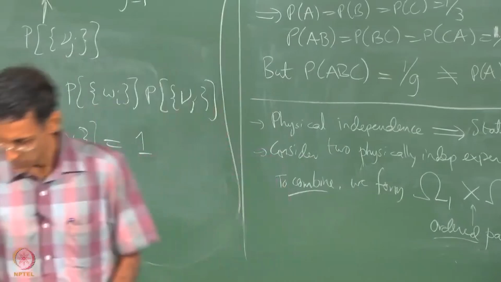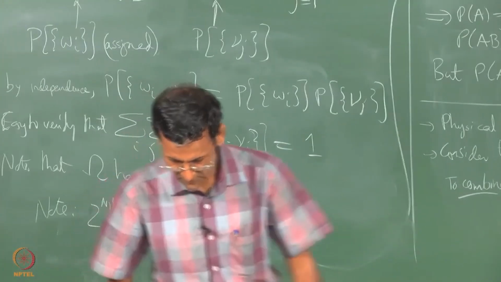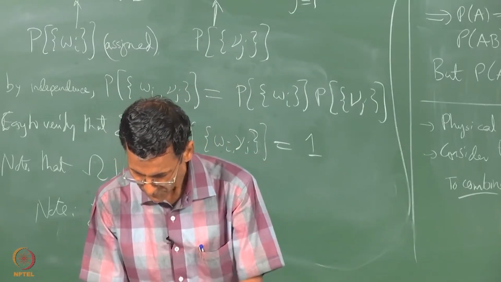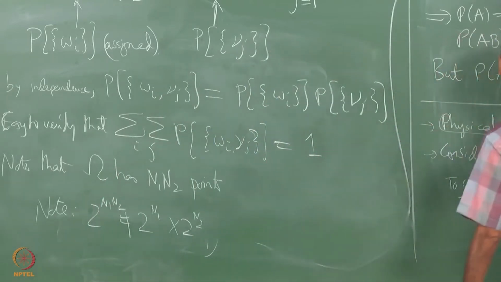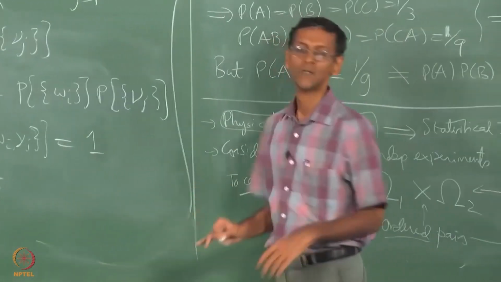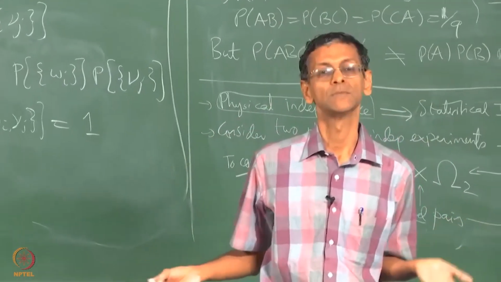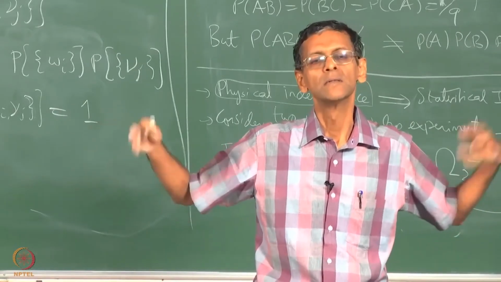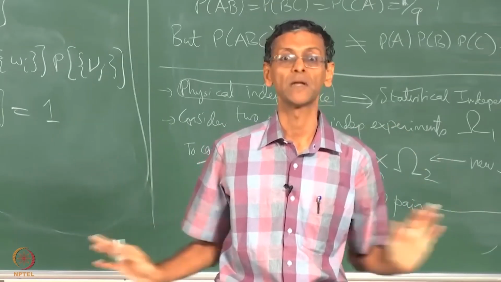Okay, so as I said, we have to keep moving. What is the next point that we want to look at? The important thing is that physical independence often happens, and it will always mean statistical independence. Whenever we start with the assumption that we have two different things that are happening, they will be considered to be physically independent.